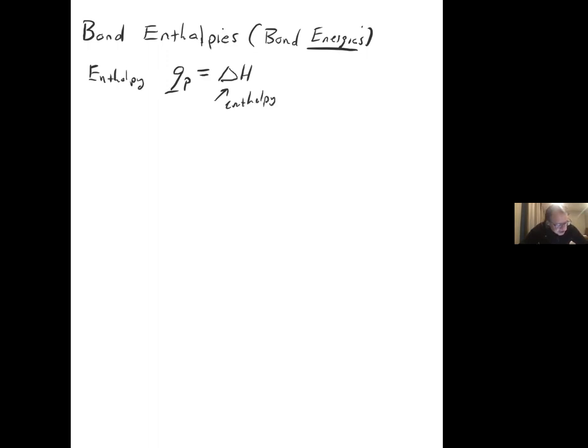It's really the enthalpy change, but we call it enthalpy for short. And then in fact, we said, hey, we can even call it heat for short, right? So bond energy is probably the more correct term, but textbooks often will call them enthalpies.